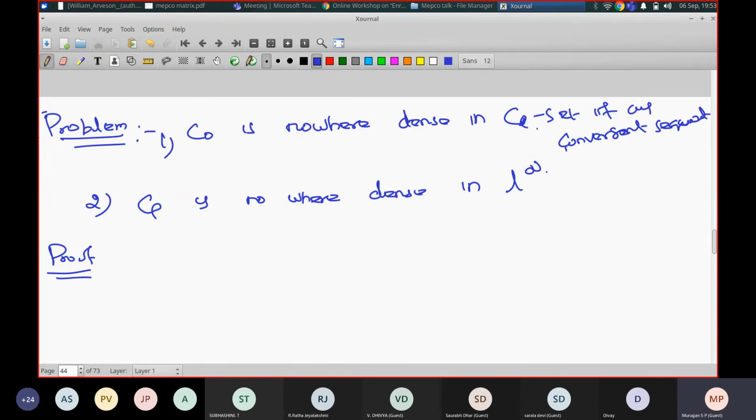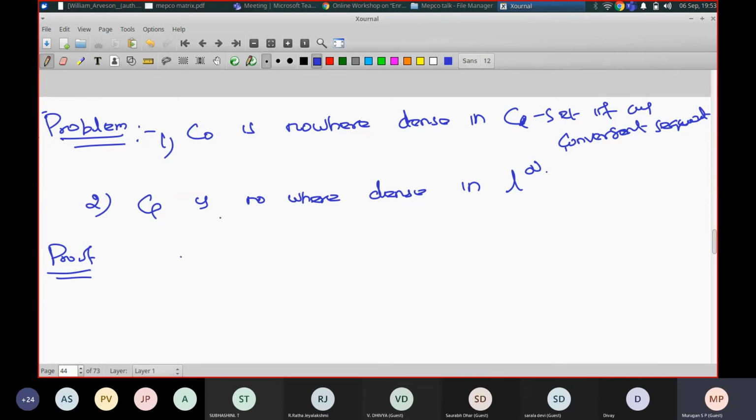Note that c_0 is nowhere dense in c because c_0 is a Banach space, you know, right? So it is closed in the set of all convergent sequences, and it is not equal to c also. Therefore, by the previous problem, you can easily see that c_0 is nowhere dense in c.